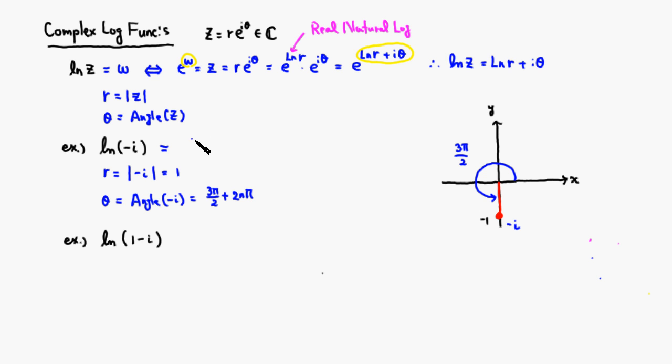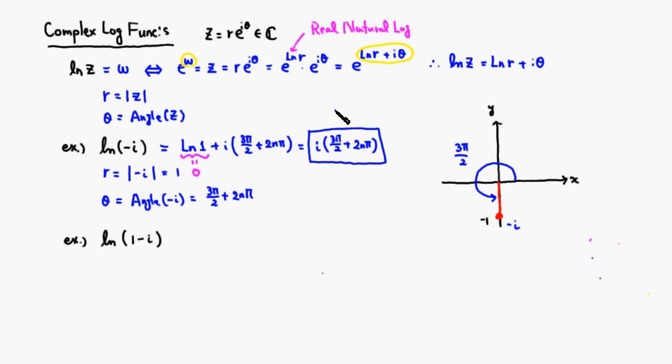Here we have the natural log of r, which is 1, plus i times 3 pi over 2 plus 2n pi. The natural log of 1, with the capital letter a regular natural log, is 0. So we get i times 3 pi over 2 plus 2n pi. These are the values of the natural log of negative i.